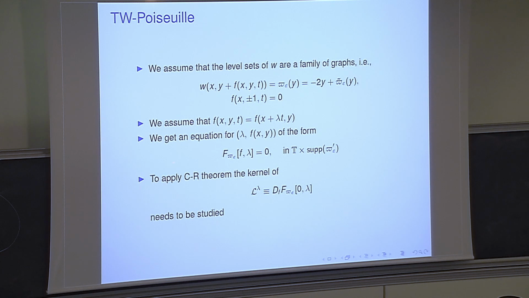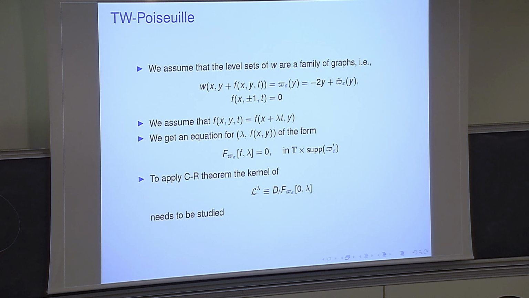And then we arrive again at an equation for lambda and for f, which is of the same form: some functional, capital F, that depends on the profile p bar epsilon, is equal to 0. And very important, we just have to solve this equation in the interior of the support of ω prime. This is essential in our analysis. Otherwise, we could not do that.